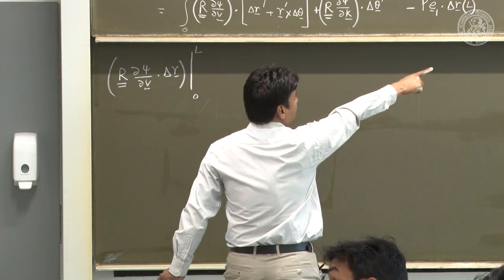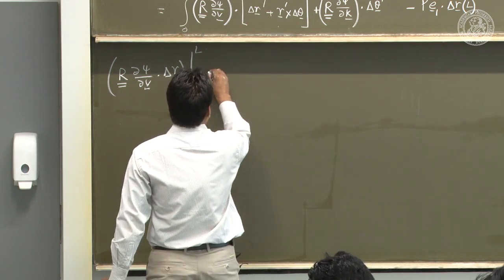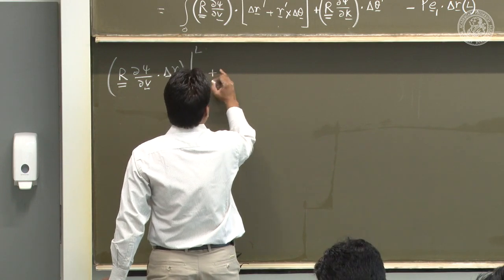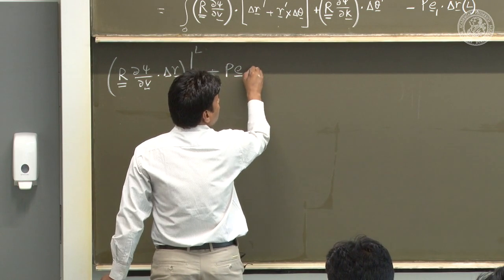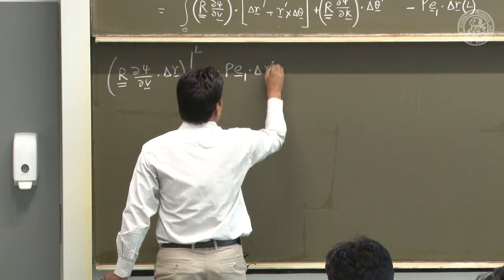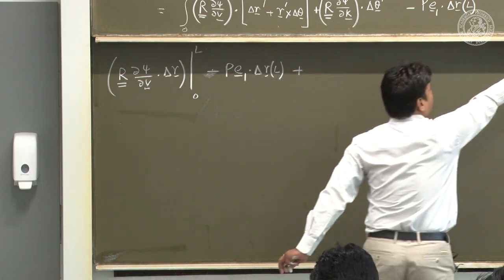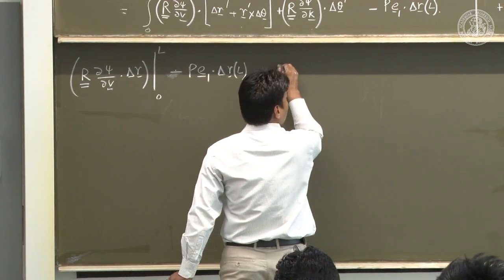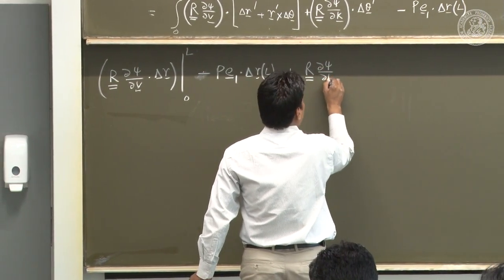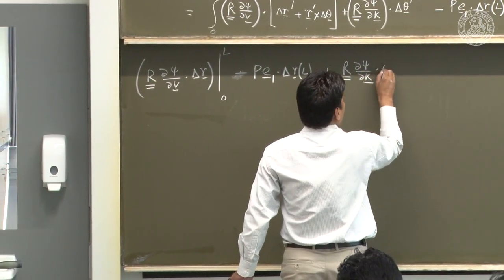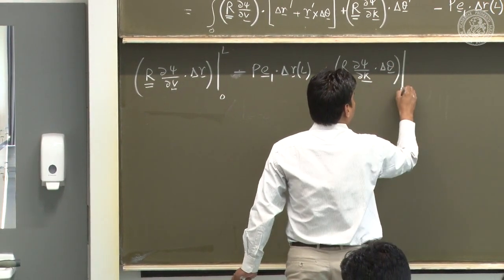And the boundary term from the bottom. Okay, this with a minus PE1 dot delta RL plus the boundary term from the bottom, that's R del psi over del k dot delta theta at 0 and L.